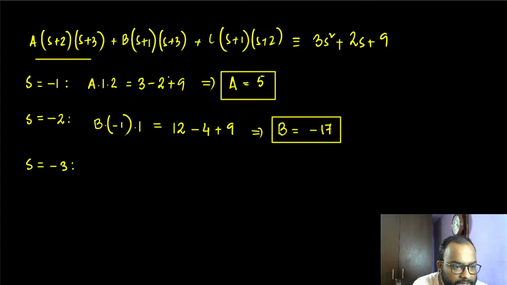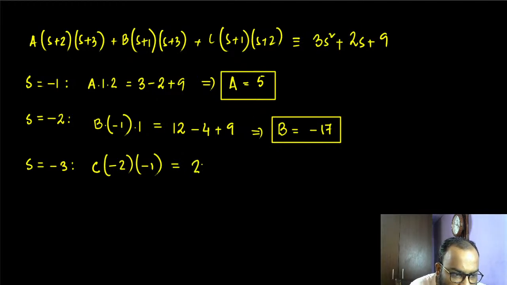Okay, so there we have C times (-2) times (-1). Okay, and on the right hand side I have 27, okay, minus 6 plus 9. Okay, one of you has already gotten the answer.